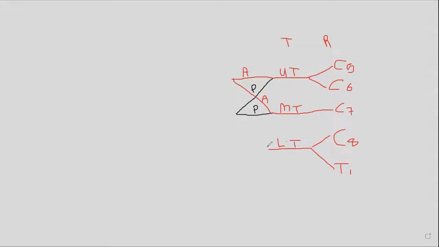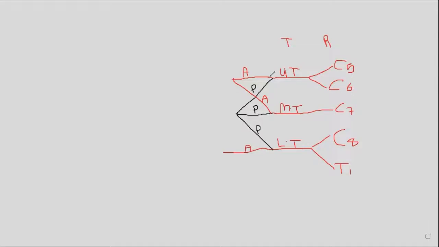So even for the lower trunk, it's basically the same. You're going to have the anterior division in red, and you're going to have the posterior division. One unique feature you can see is that all the posterior divisions come together.